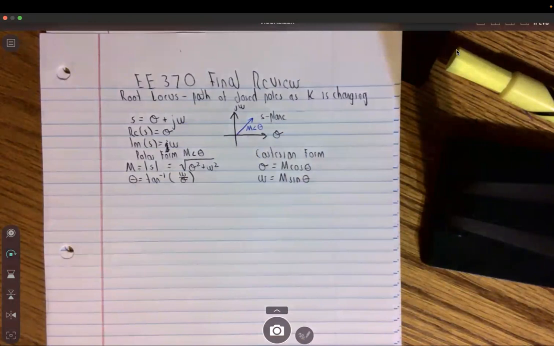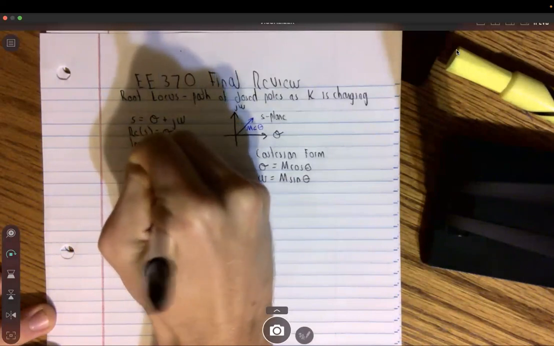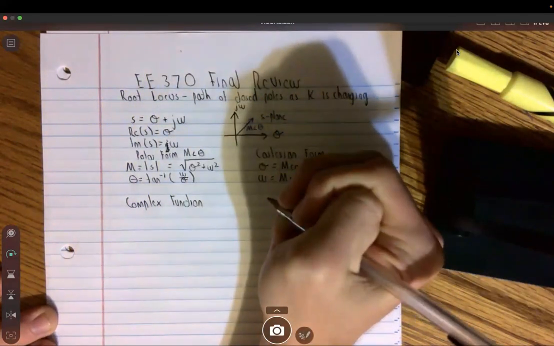Now that we see that, what we're going to notice a little later on is that we deal with complex functions. So what is a complex function? We'll see why this is important in order to apply our phasor knowledge.